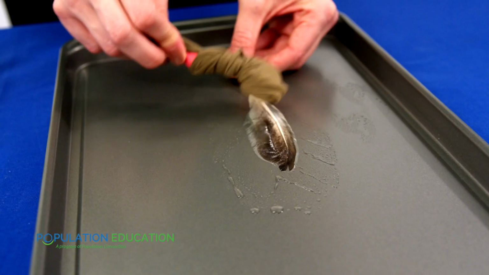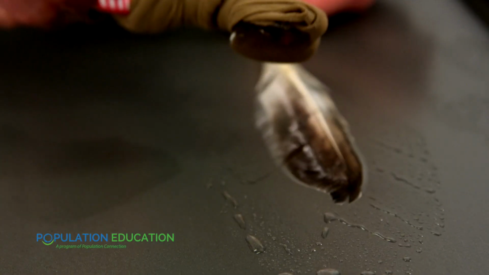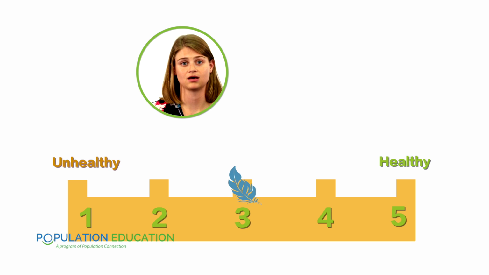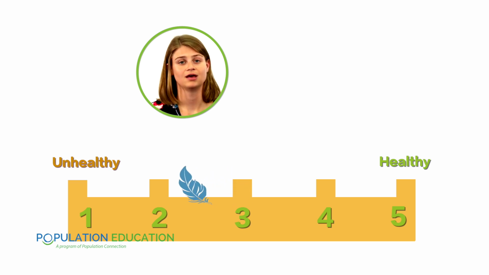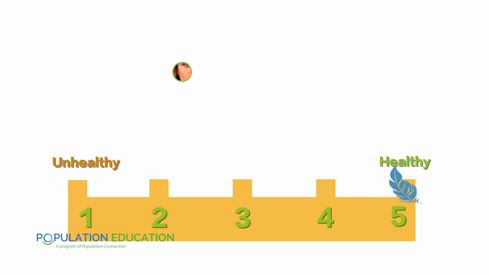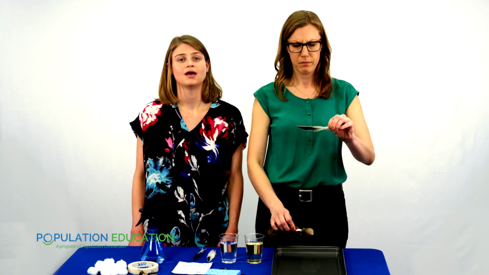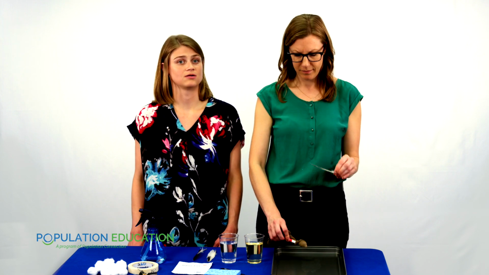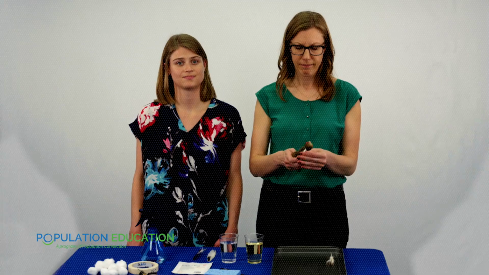In order to test each prototype, we've created a scale where they rank a feather from 1 to 5, with 1 being unhealthy and completely covered in oil, and 5 being healthy exactly how it was before it had oil on it. After each prototype test, students rate their feather on the scale, and then they record their results and consider how to improve their prototype for the next test.